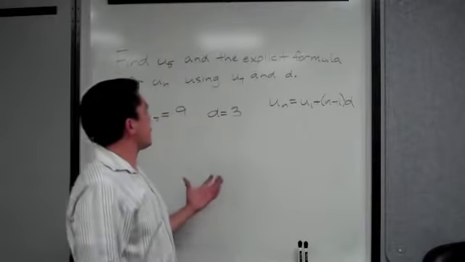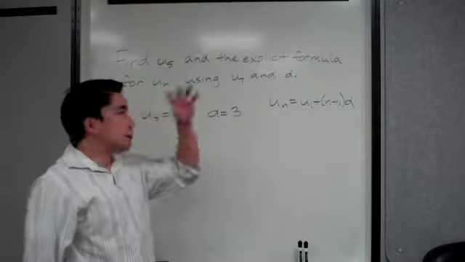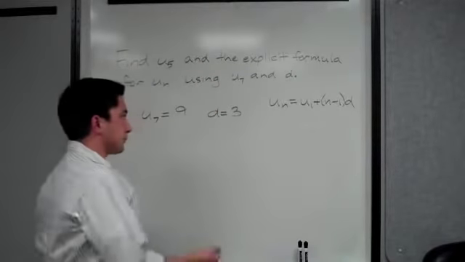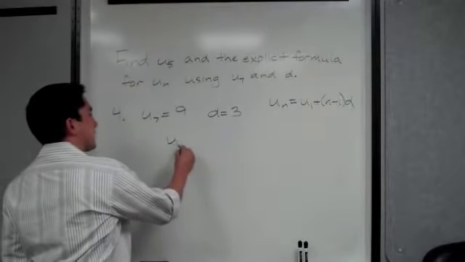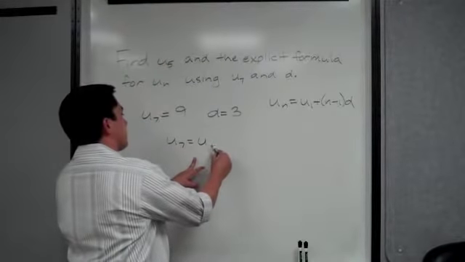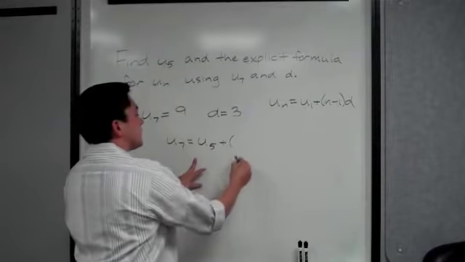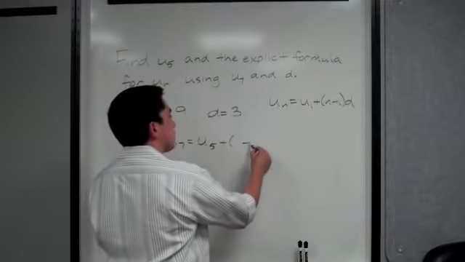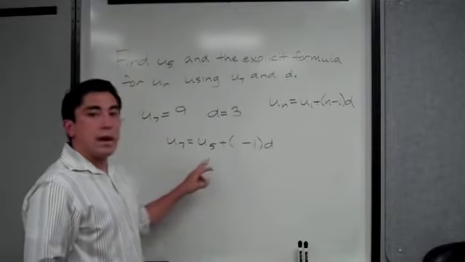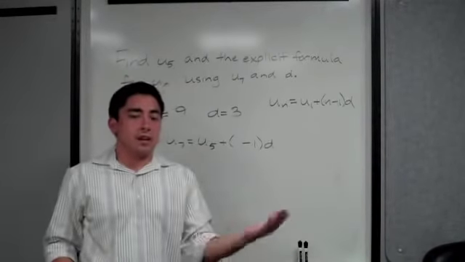But what we can do is just, in our minds, make u sub 5, put it in that place. So now I can say u sub 7, our last term, is equal to our first term given, plus n minus 1 d. The thing about this n is now I have to count how many terms are there from 5 to 7.